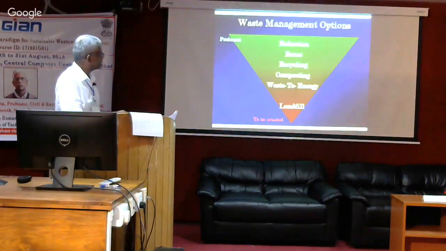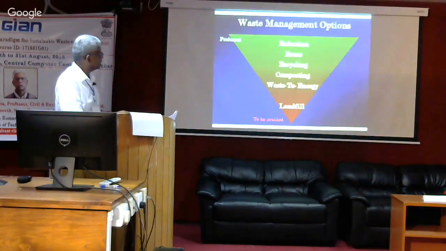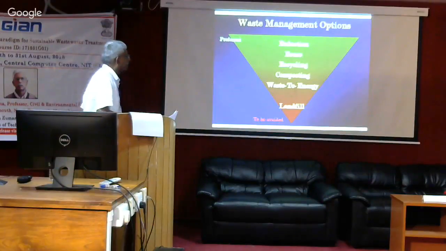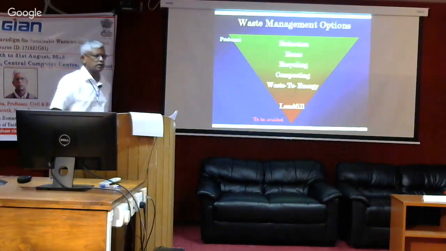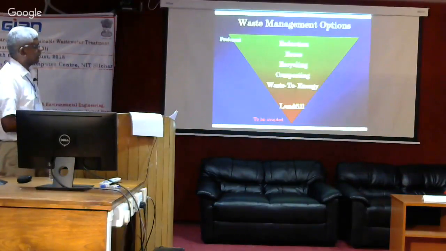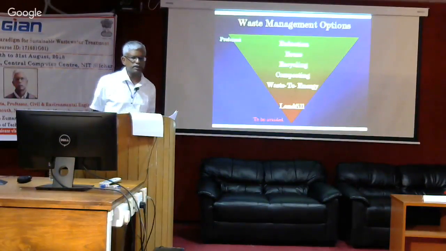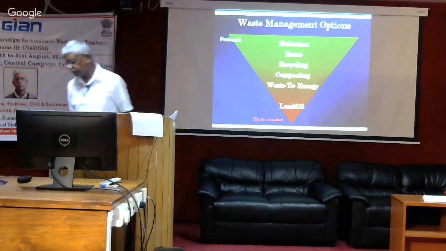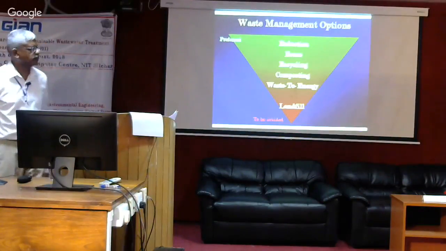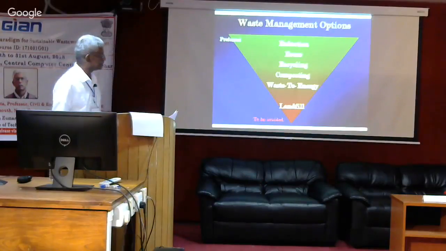Let me just mention one quick thing. Waste to energy. So, when we talk of waste management, then we talk of this inverted triangle or pyramid, and we say that we want to avoid this landfill because landfilling is the most inefficient way of dealing with the waste. Okay? Because what you're doing is you're just kind of hiding it out of sight.